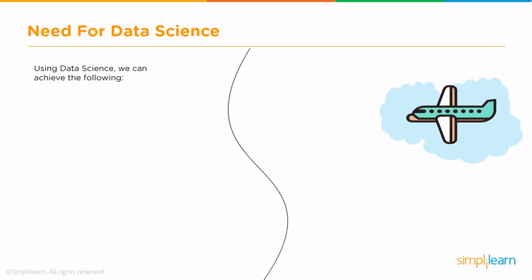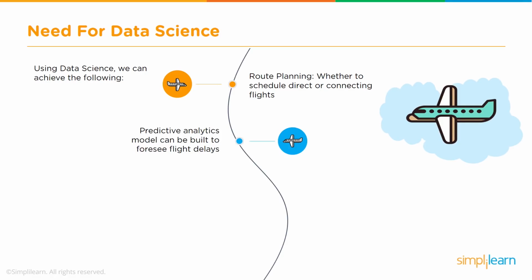A few more examples. What else can we do? Here are some of the other things that we can do, and we will stick to the airline industry. We can do better route planning so that there are less cancellations and less frustrated people. We can use predictive analytics and predict any delays that are there so that some flights can be rescheduled ahead of time and there are no last minute changes.